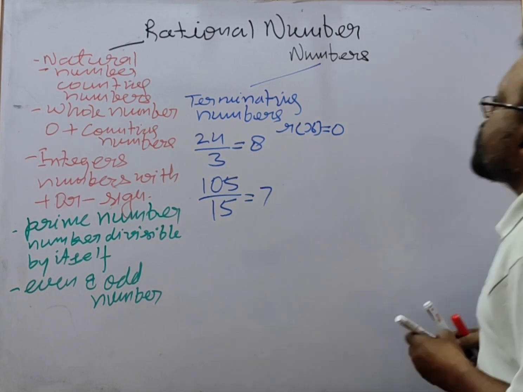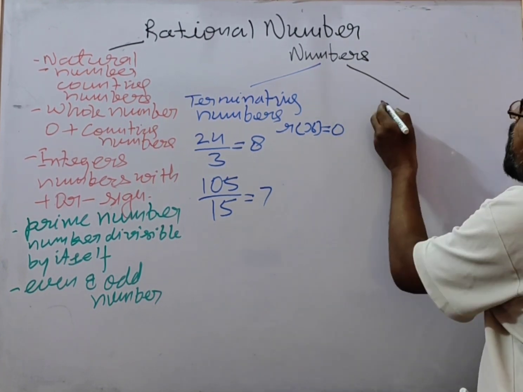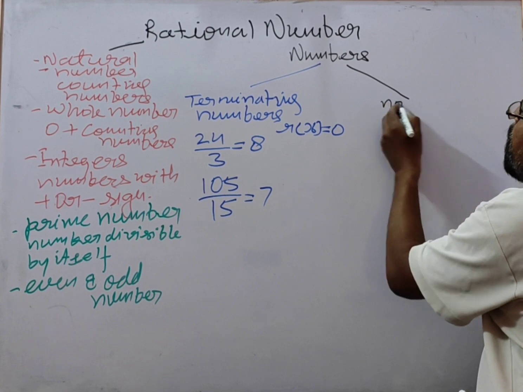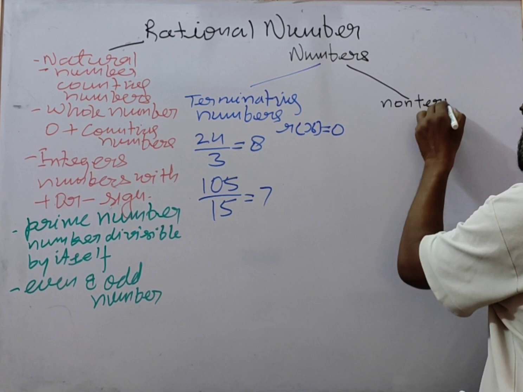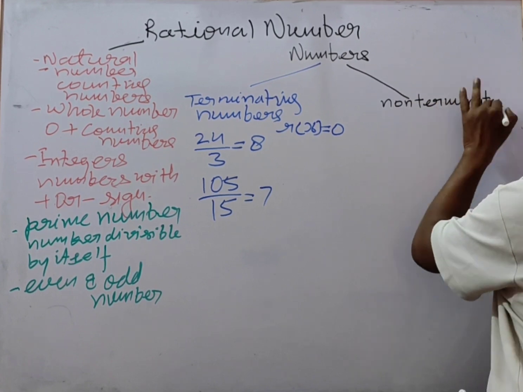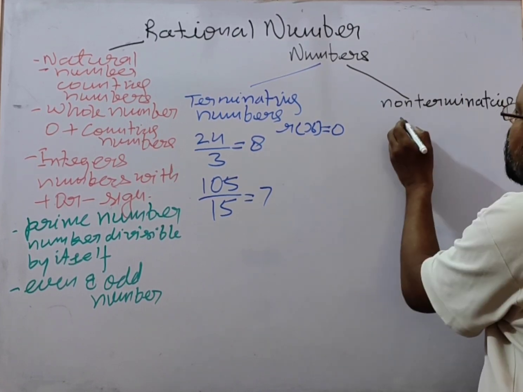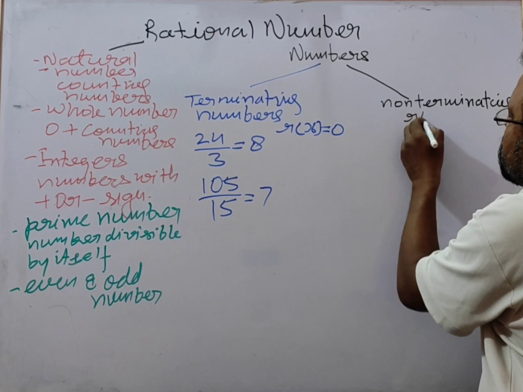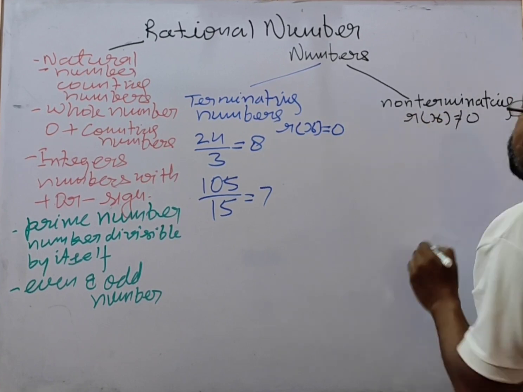Another one is non-terminating. Non-terminating numbers mean the remainder is not equal to 0, right?